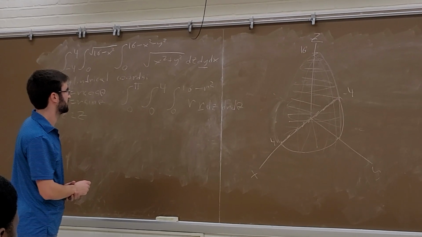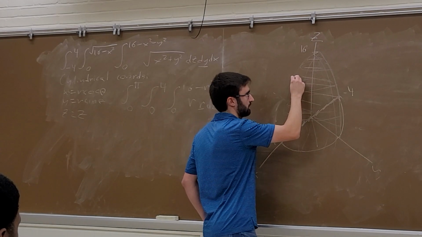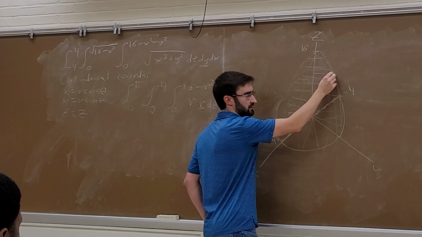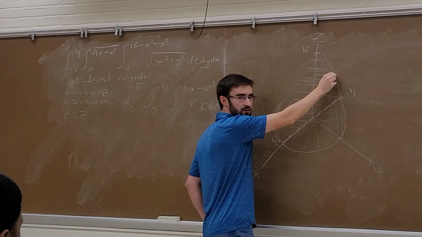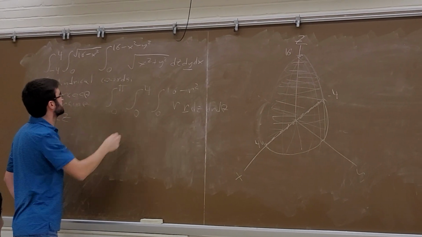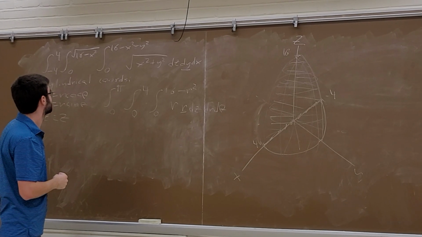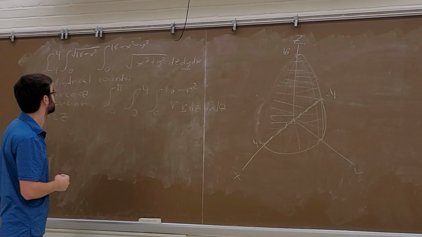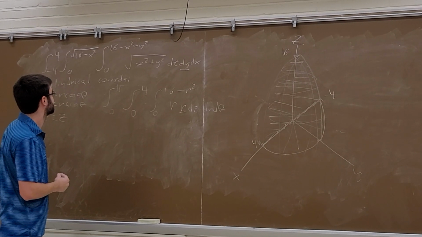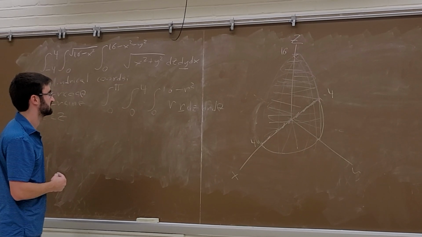Is that actually true though? For the radius, you're closer up here, so that's not going to go to 4, it's going to go to a number less than 4. Wouldn't theta go from negative pi over 2 to pi over 2? Well, we're integrating over the radius earlier, and that's the 16 minus r squared, so I think that's fine.